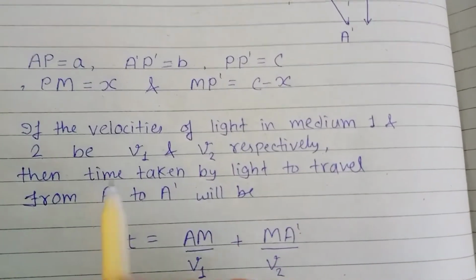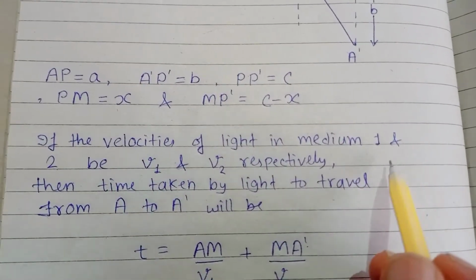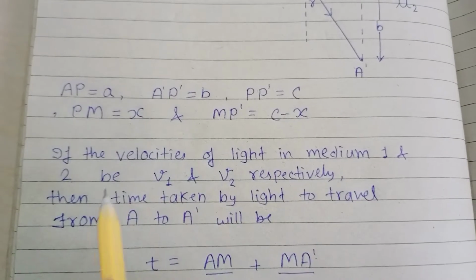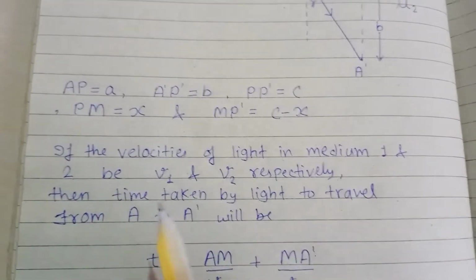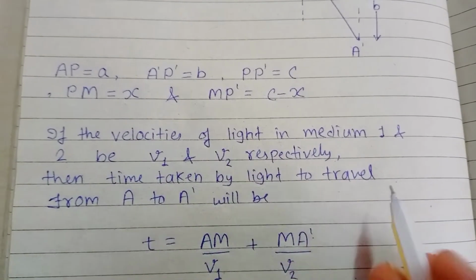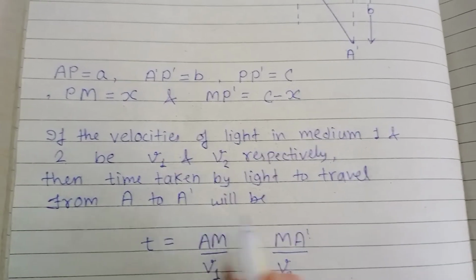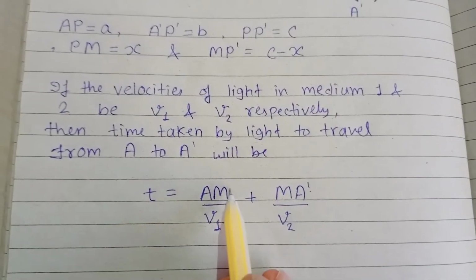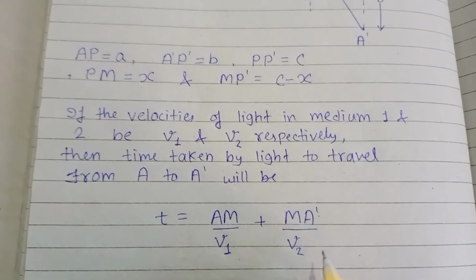Now if we consider the velocity of light in medium 1 and medium 2 as v1 and v2 respectively, then the time taken by light to travel from A to A dash will be T is equal to AM upon v1 plus MA dash upon v2.